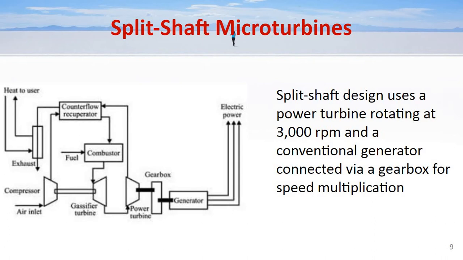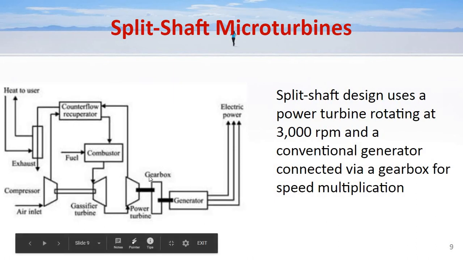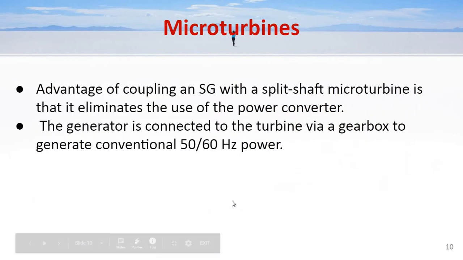We can avoid these disadvantages by going for a split shaft microturbine. Here we use a gearbox to reduce the speed so that the output is directly 50 or 60 hertz. The advantage of coupling an induction generator with a split shaft microturbine is that it eliminates the use of power converters. The generator is connected to the turbine via a gearbox to generate 50 or 60 hertz power directly.